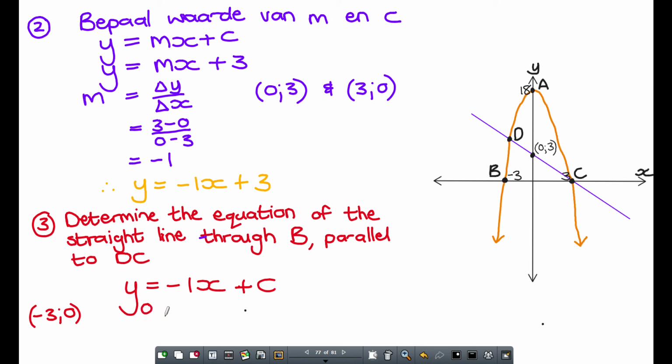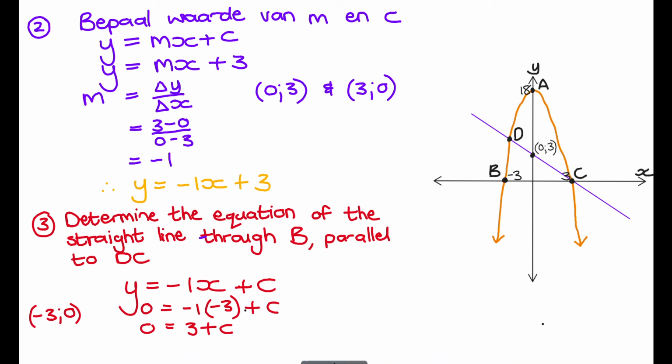Then I've got 0 is equal to minus 1 times minus 3 plus c. So 0 is gelyk aan 3 plus c. So c is dan nou eintlik minus 3. So eventually my equation would then be y is equal to minus 1x minus 3.